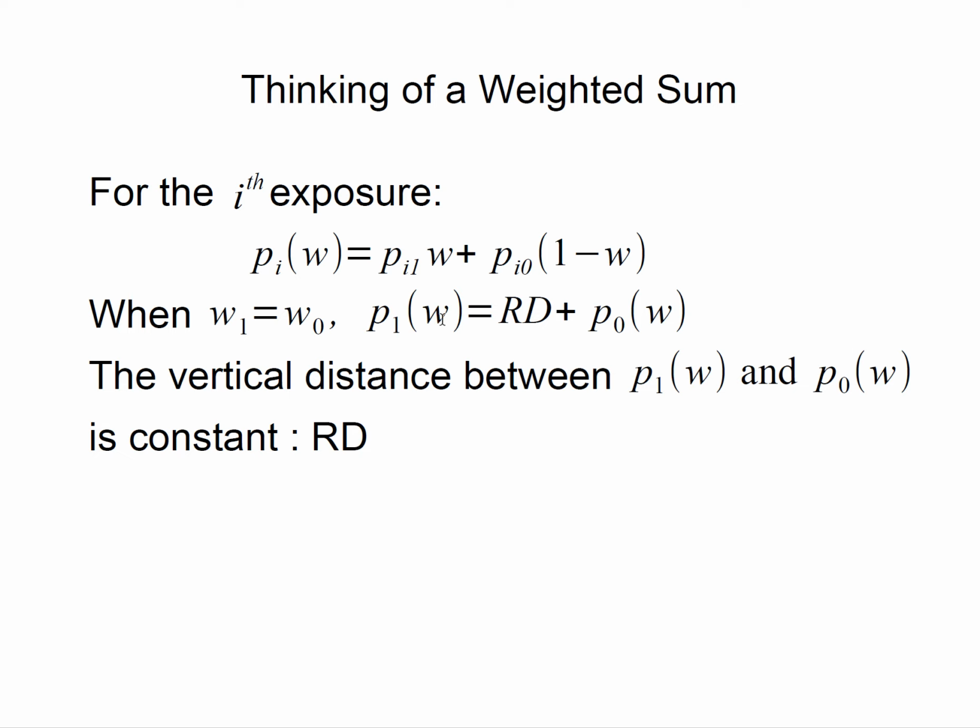Notice here, though, that we're assuming that the weights are the same. In other words, we're thinking now about the vertical distance between that probability function for the exposed and the probability function for the unexposed. And that vertical distance is constant and is the assumed common risk difference.